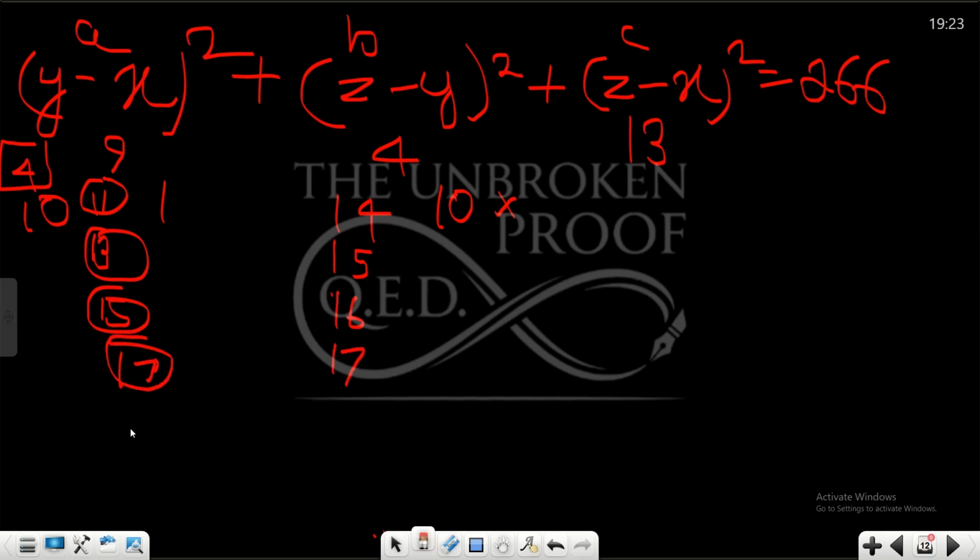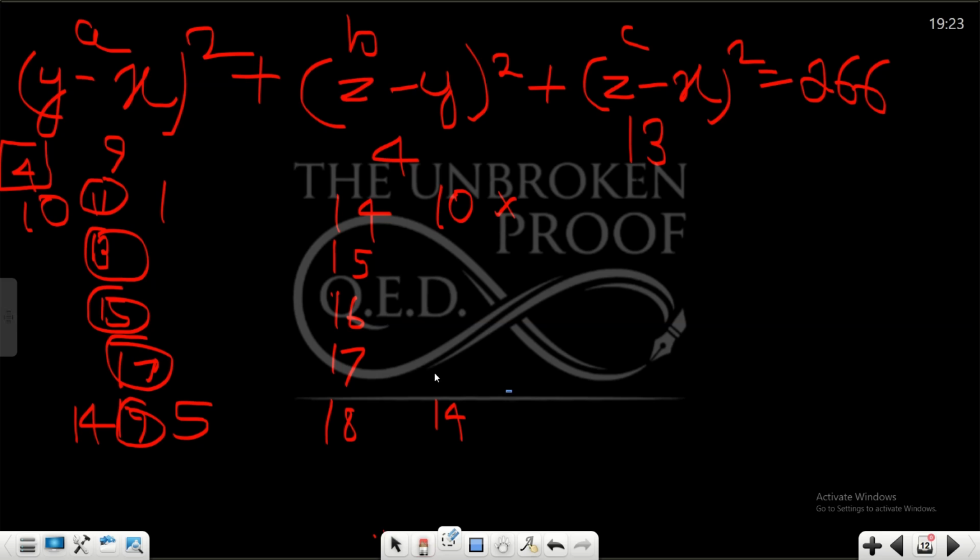This is also not possible. And when it comes to 19, that means when you take z as 2, 3, 4, 5 and 14, here it will be 18, 14, and this is possible because 19 is greater than 18.